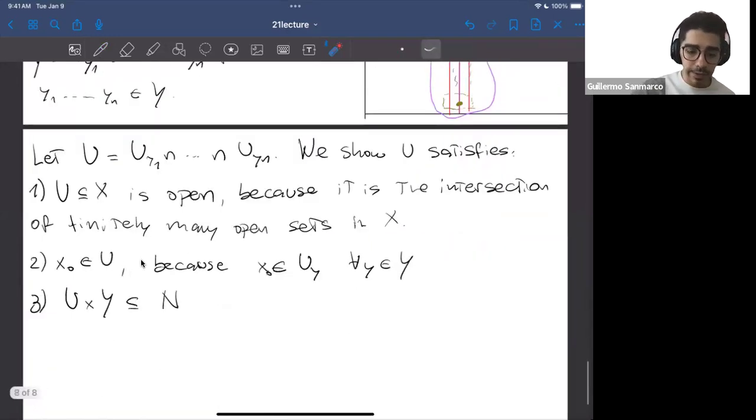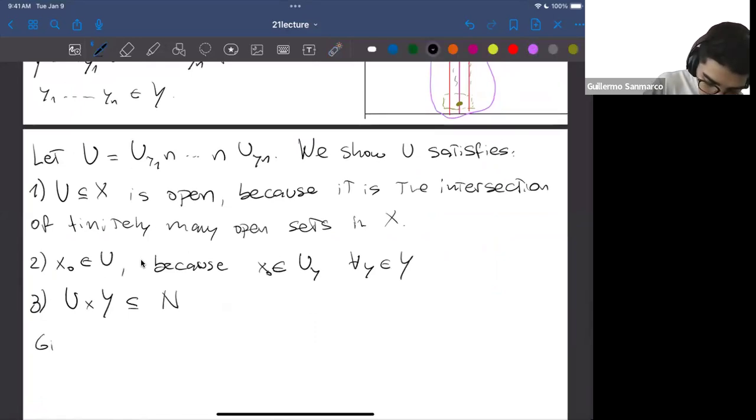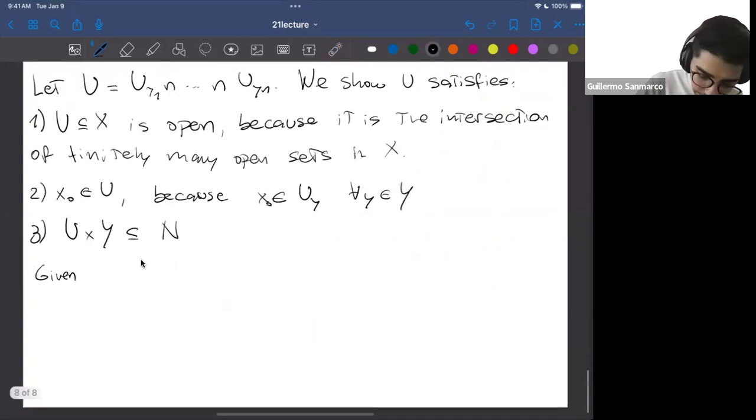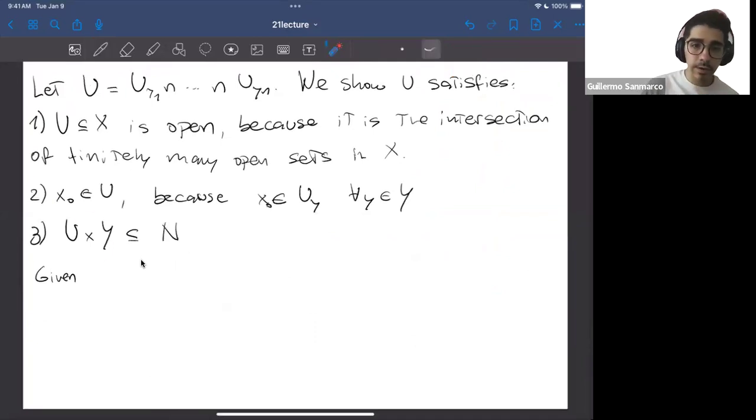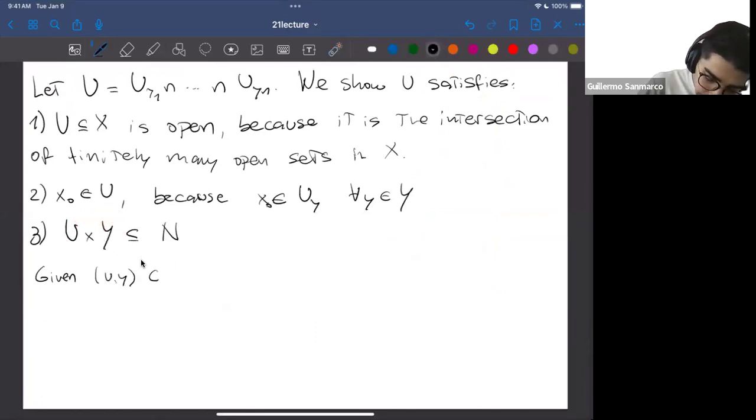So how do we prove this? Let's take, given, let's call this little u, comma, little y in U cross Y. I want to show (u, y) lives in N.